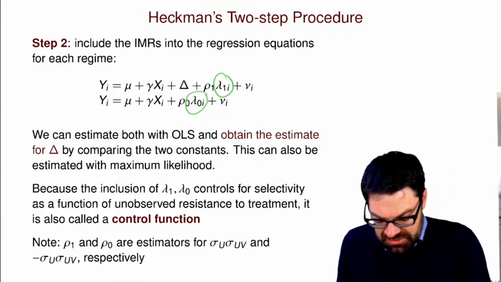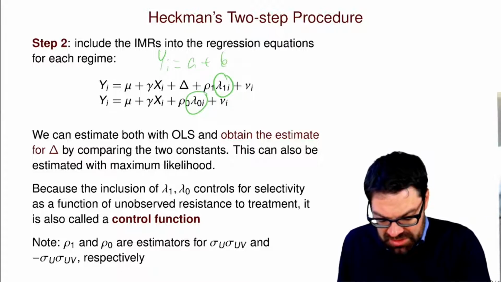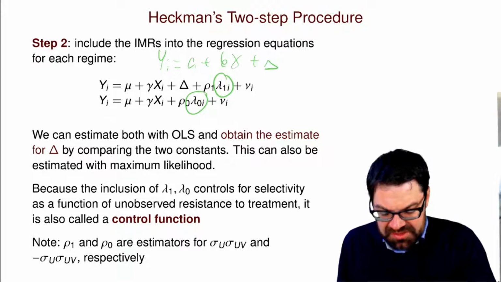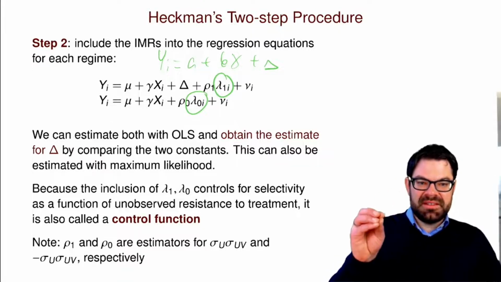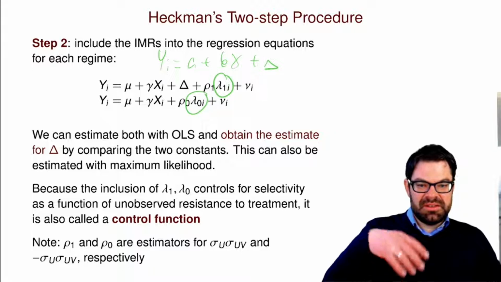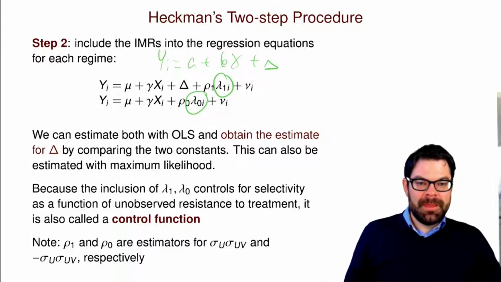Because here basically, if you think about it as a linear equation, a plus bx plus delta, then obviously a plus delta is the intercept and b is the slope coefficient.